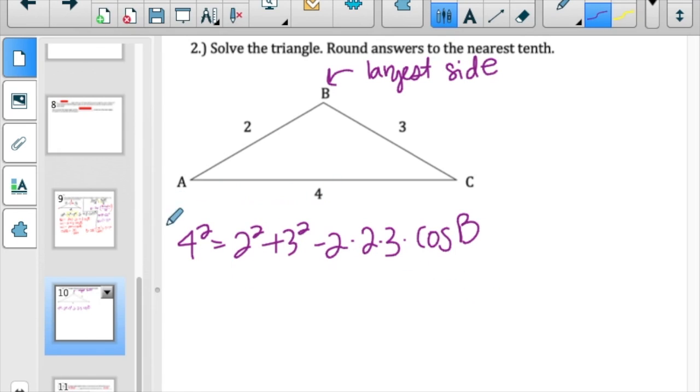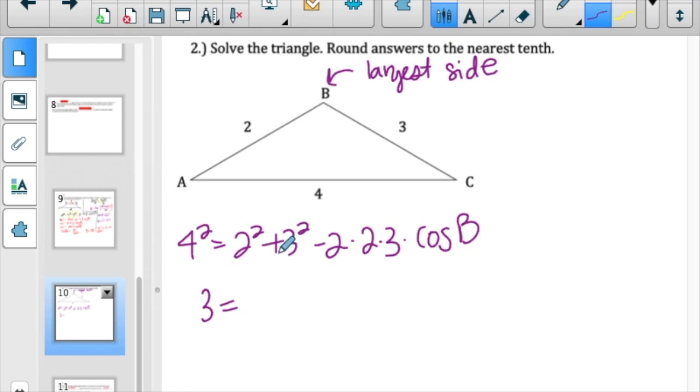Now, this is kind of the work that I do. In my calculator, I would find 4 squared minus 2 squared minus 3 squared. So this is what I was talking about earlier. I take this 16 minus 4 minus 9 and simplify this up. What is that? 3.